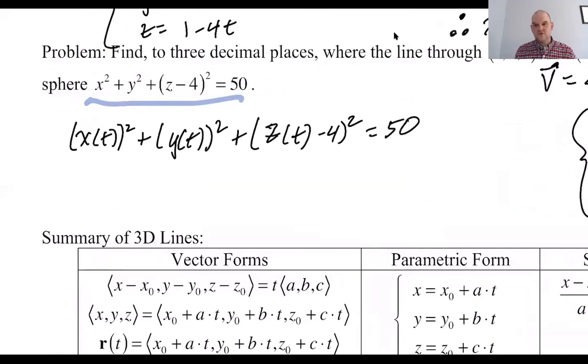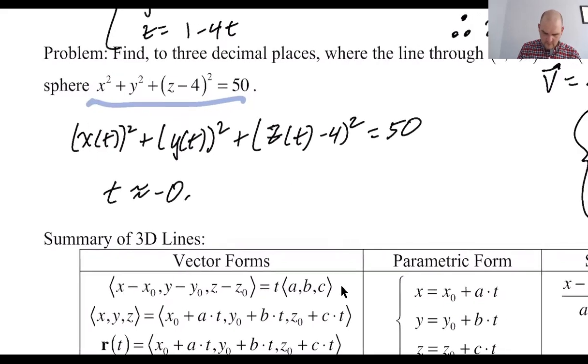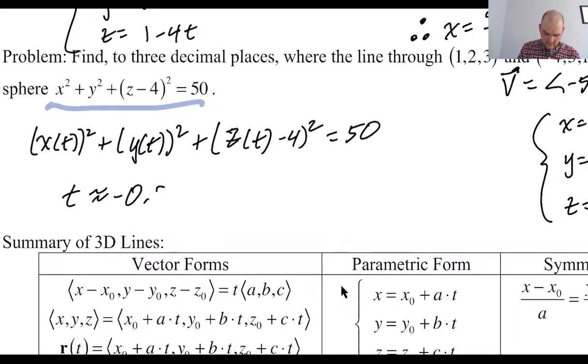And then I'm going to write down what t was. It says 3 decimals, so I'm not going to share it, I'm just going to go back to the calculator and get 3 decimals here. So I'm pressing Control Enter instead. So t is approximately negative 0.553, and t is approximately 0.692.